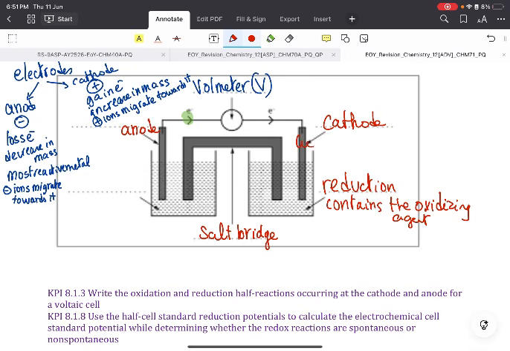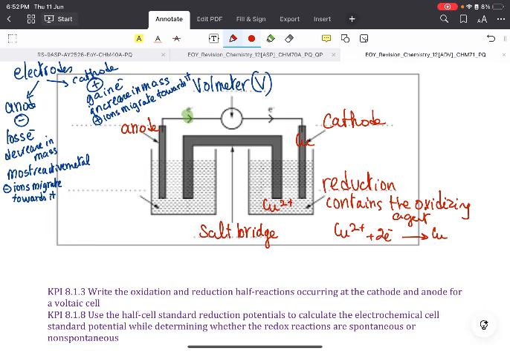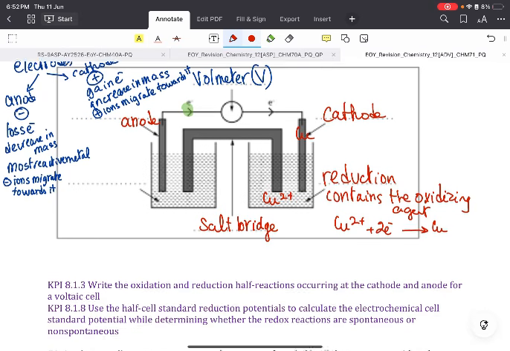So let's say if this is copper, this is gonna be Cu2 plus. Cu2 plus is the one that's gonna catch up the electrons to give me copper. And this is the solution containing the anode ions.